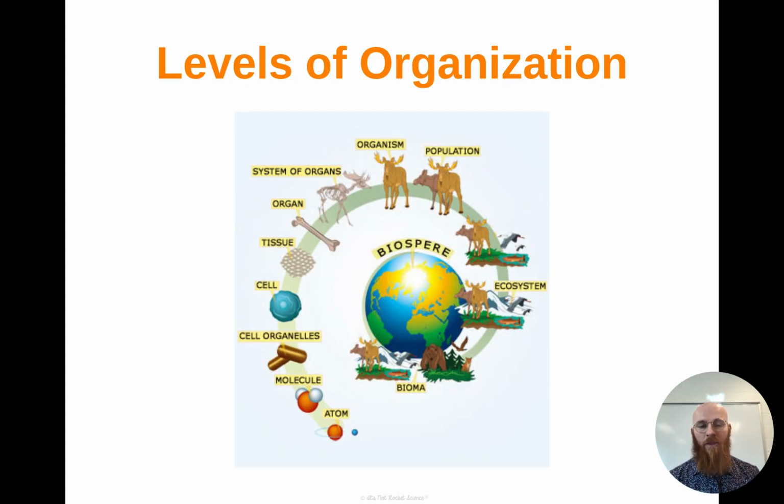Now remember, the main thing here is that each of these levels, as we go up, build and combine the previous level. So atoms combine to form molecules, molecules combine to form cell organelles, so on and so forth. And the different arrangements or quantities of those atoms are going to create different structures and therefore functions of molecules.